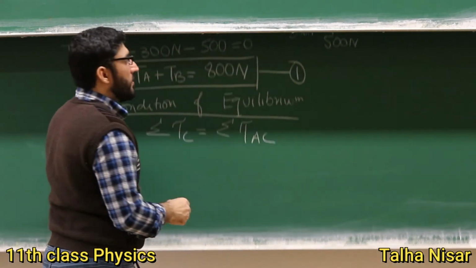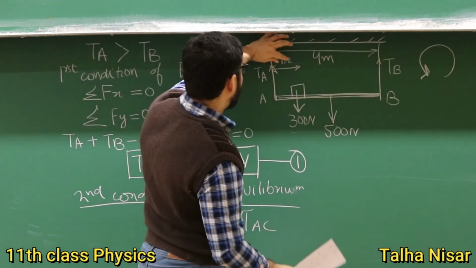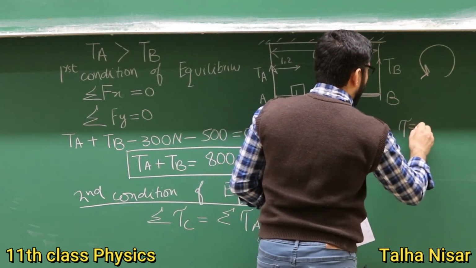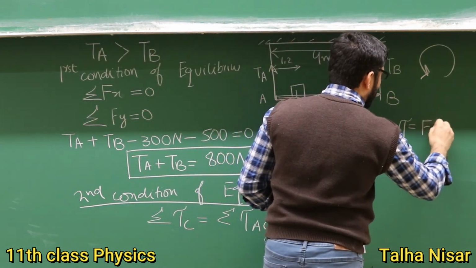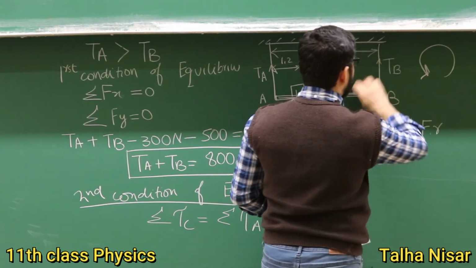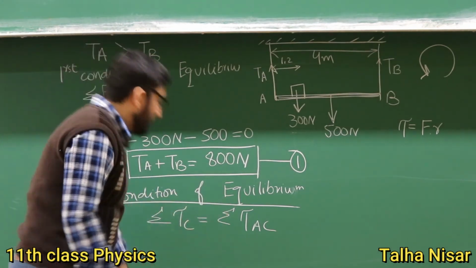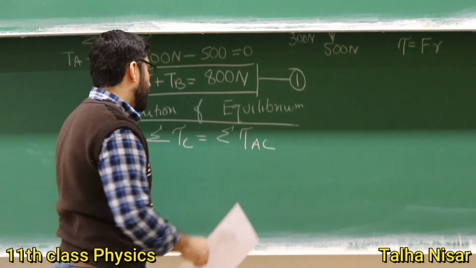Here we will use the force and these distances, because we know torque is equal to force times distance. Since the angle is 90 degrees, we just ignore the angle. Otherwise it's the cross product.